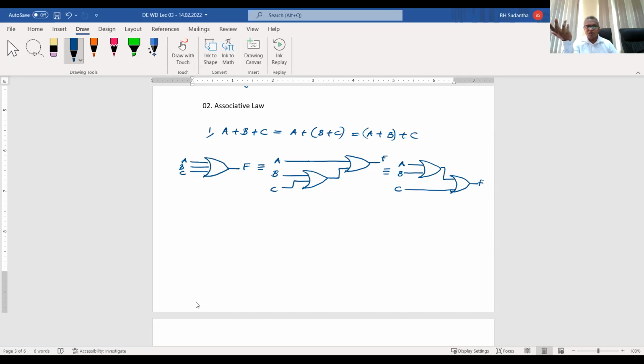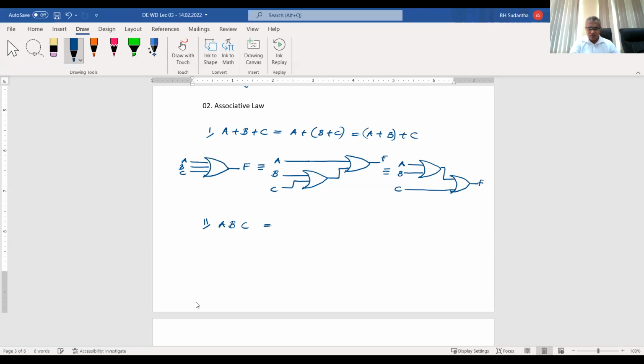But assume that in a situation you don't have 3 input OR gates and you are having 2 input OR gates, then you can combine two input OR gates and do the function. Okay. Again, it has a second part also, that is targeting the AND operation.